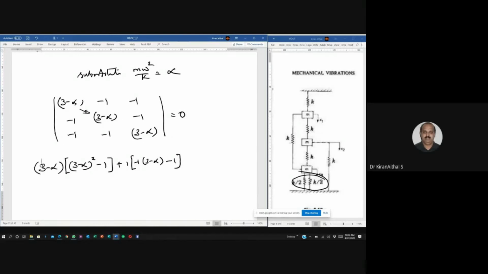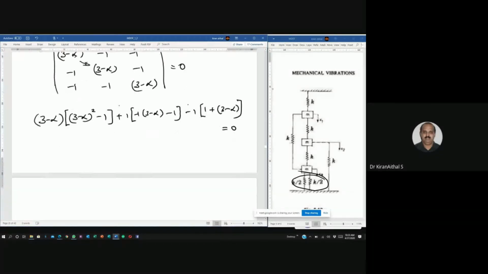Please go on checking what I am doing. Minus 1, 1 plus 3 minus alpha is equal to 0. Correct or not? Please check it out here. Okay, what I have done, 3 minus alpha, and then 1 into, minus into minus becomes plus, correct or not? That's why it becomes minus 1, 3 minus alpha into minus 1, minus 1 into 3 minus alpha, right? It was plus here, then it became minus. It was minus here, it has become plus here.